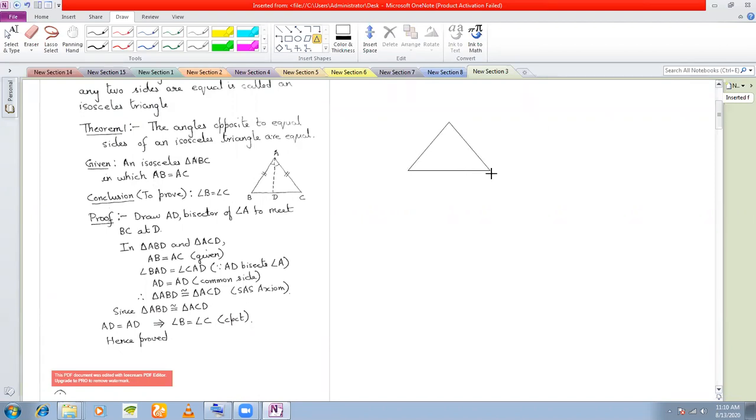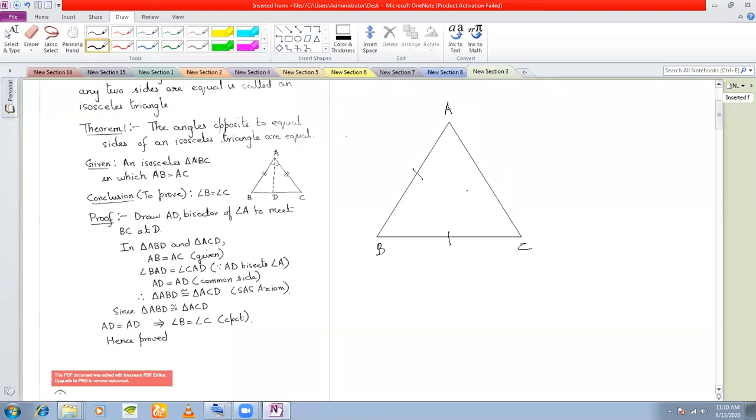But the actual statement is this: let's say ABC is my isosceles triangle, then the angles opposite to the equal sides of an isosceles triangle are equal.